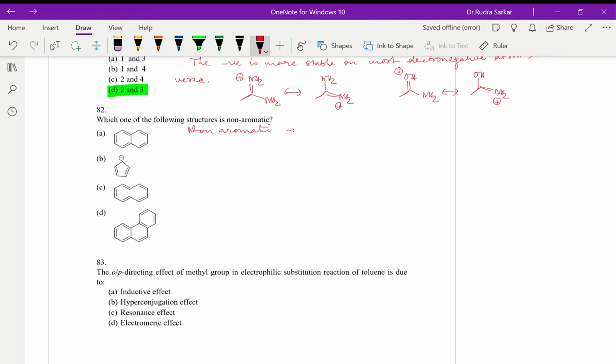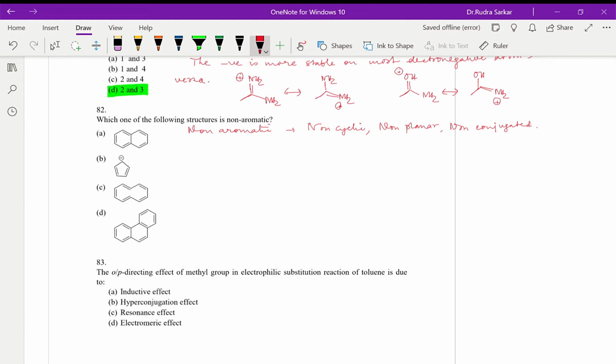That is, it is non-cyclic, or it is non-planar, or it is non-conjugated. In either of the cases we will say it is going to be non-aromatic.